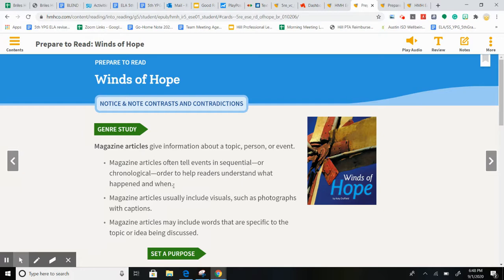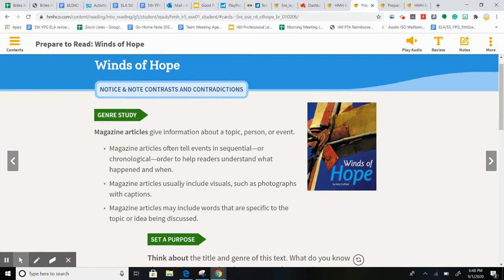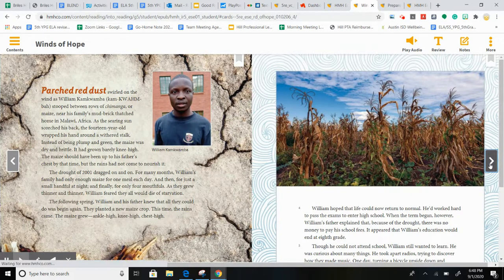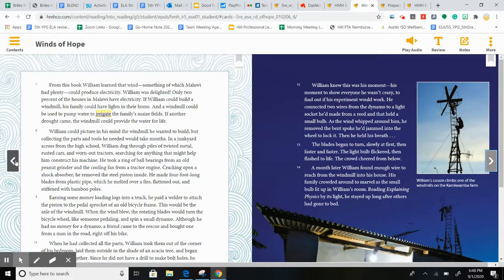Some magazines will show this happened, which caused something to happen later. That's cause and effect. And then, of course, we've all read magazines, and they've got tons of visuals throughout. This is a very special magazine because it has full page pictures everywhere.